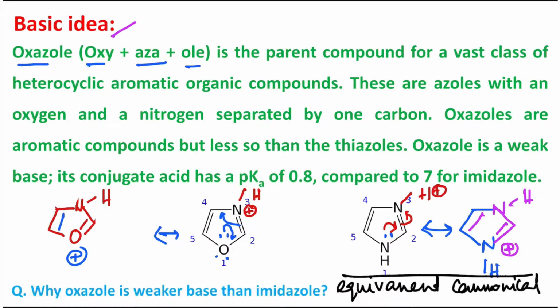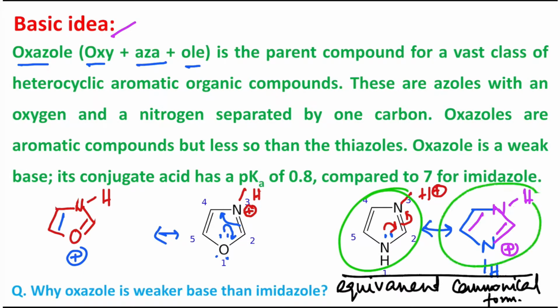What does this mean? It means that both are equivalent canonical forms. So you can see these and these both are equivalent, meaning the positive charge which comes on nitrogen is delocalized over both of the nitrogens, and delocalization means stabilization.